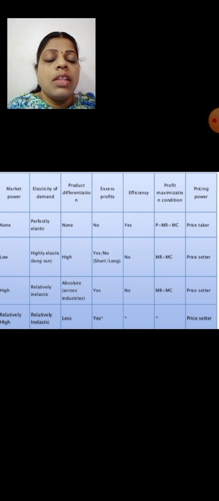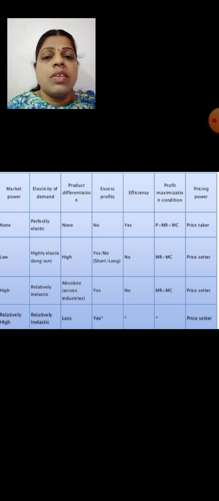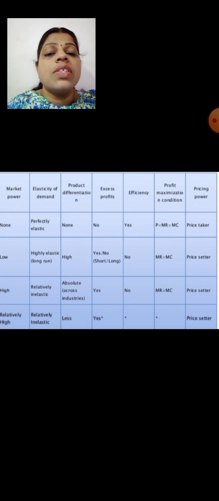And in the monopoly market also, the seller is the price setter, because, I told you, he is the only seller, so he can determine the prices. And the last one is oligopoly.